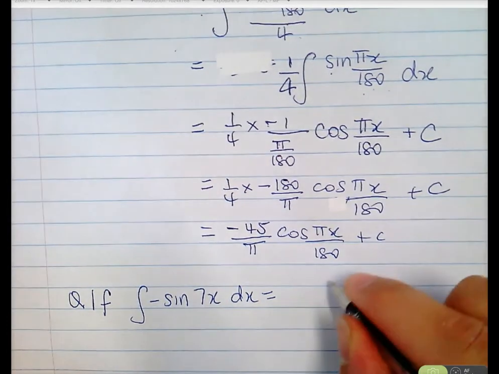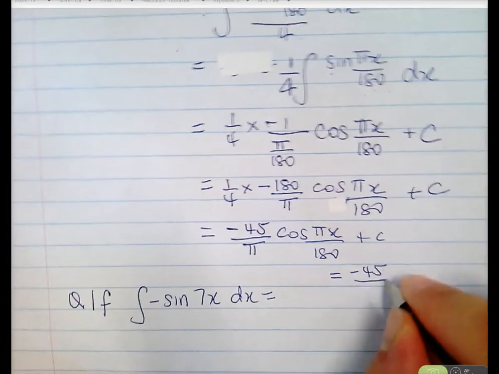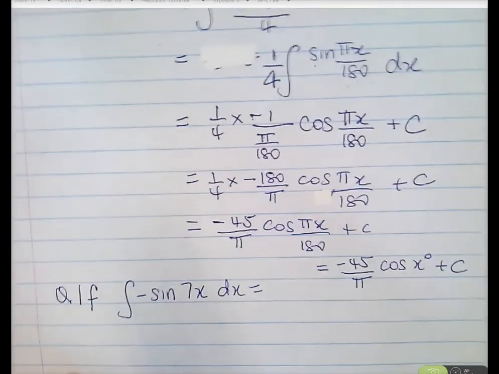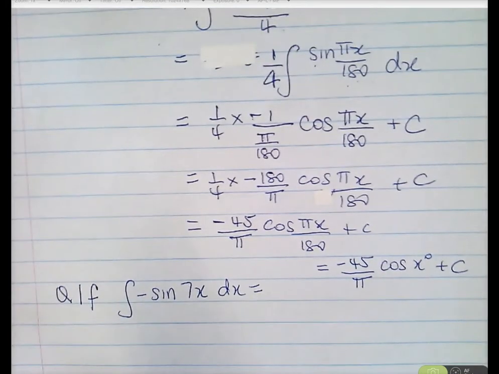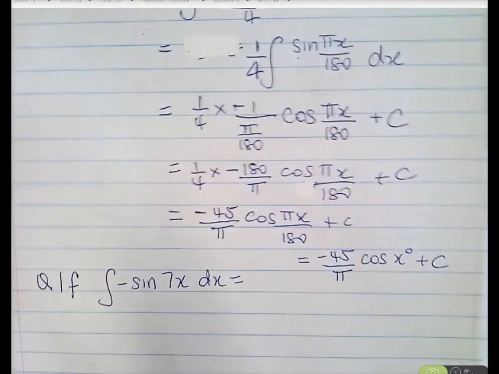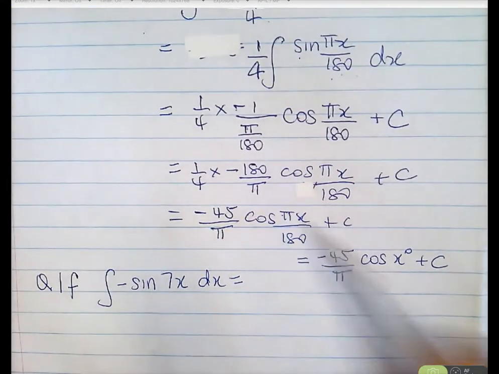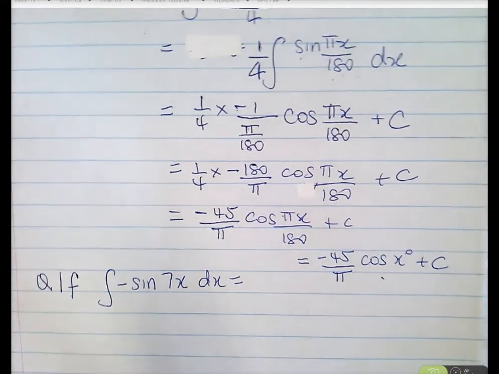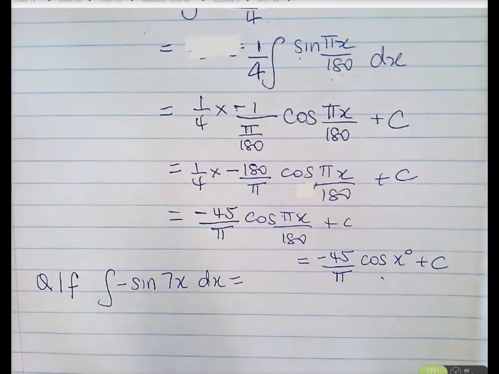In the answers, they've got negative 45 on pi, cos of x degrees plus c. So they've written it as the question is written. They've converted it back. Because the question was written with a degree, they've written the answer back with a degree. But that and this are the same. You should write your answer in terms of how the question's written. But this negative 45 on pi, you can leave that.